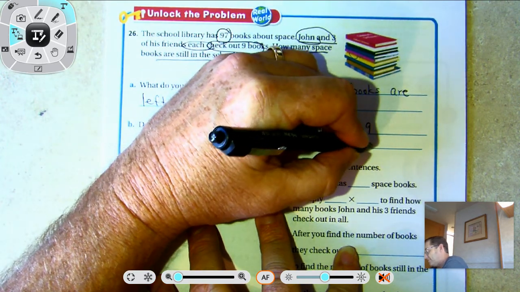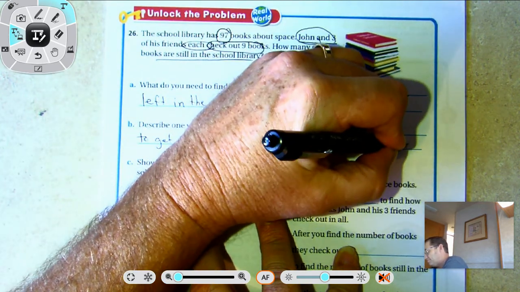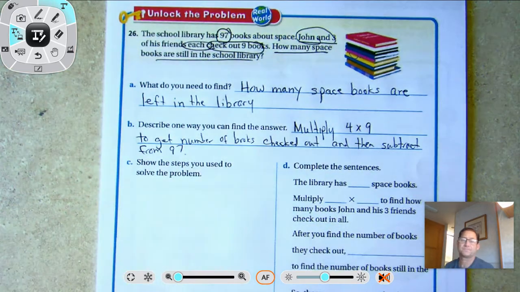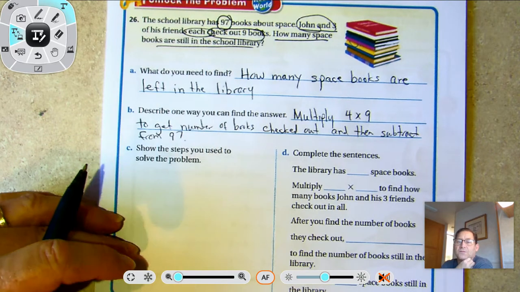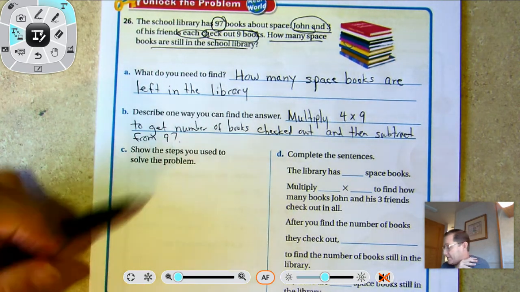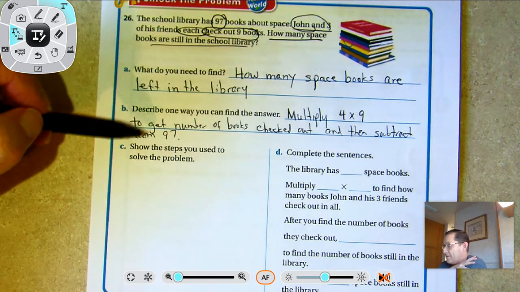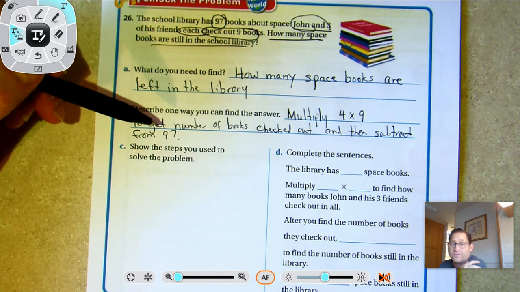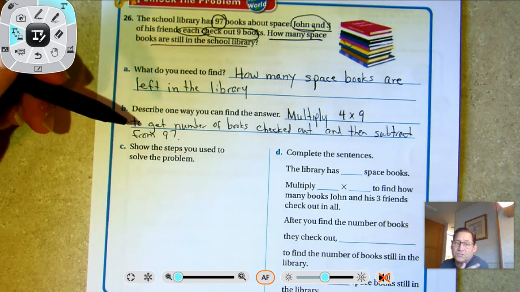And then subtract from 97. Okay, so John and 3 friends. So that's 4 people. Okay, that's where we get the 4 from. We then would have to subtract that number of books they all have together from the 97 to find out how many books are still there.